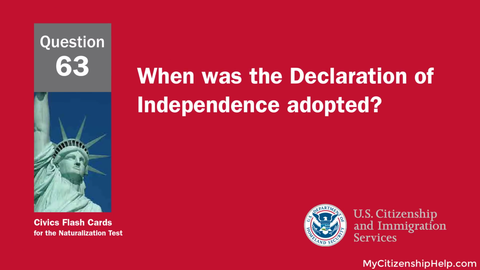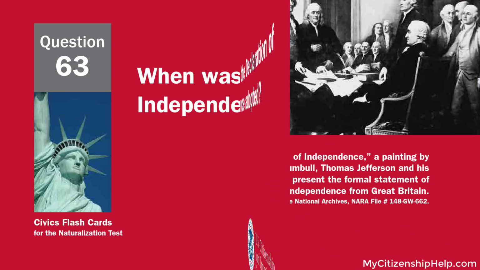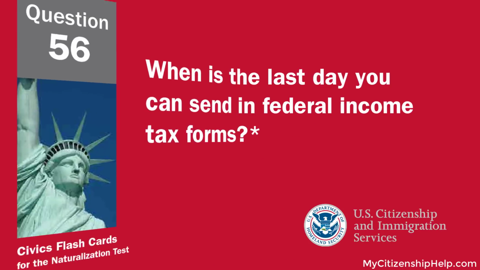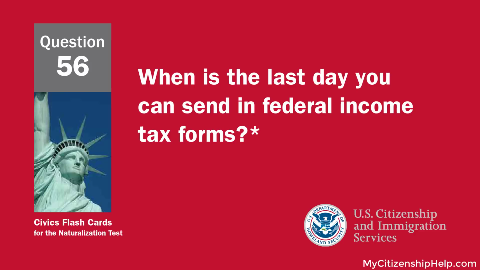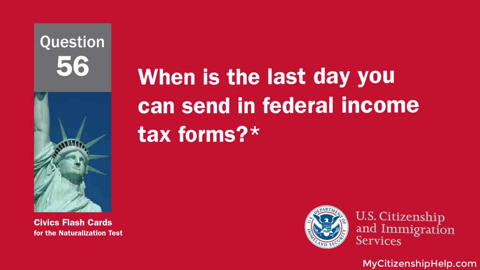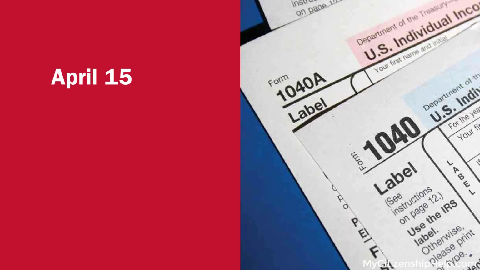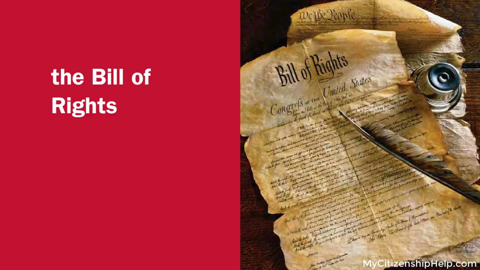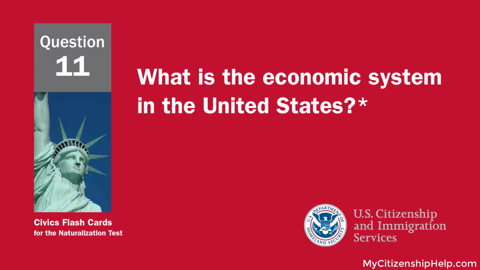When was the Declaration of Independence adopted? July 4th, 1776. When is the last day you can send in federal income tax forms? April 15th. What do we call the first 10 amendments to the Constitution? The Bill of Rights. What is the economic system in the United States?